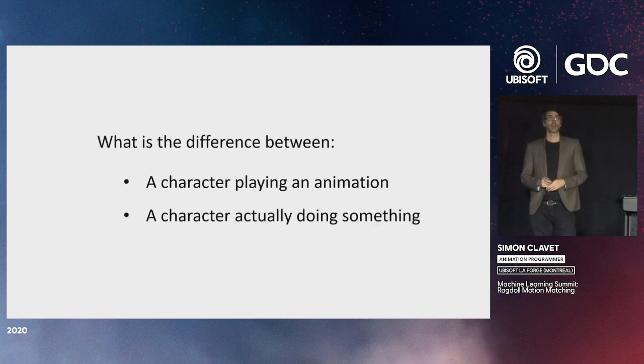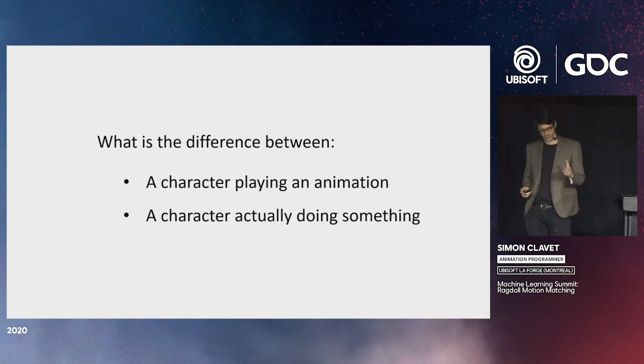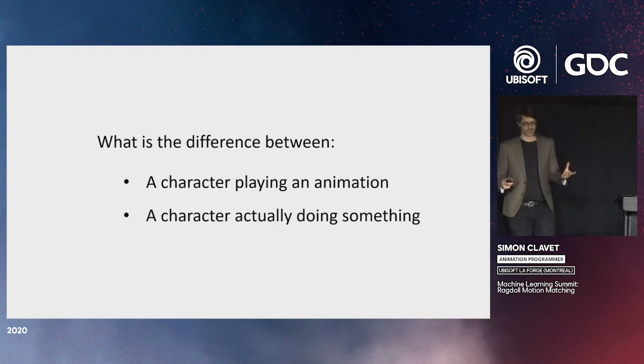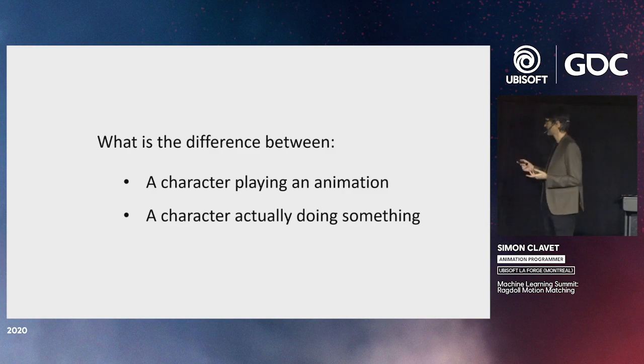So let's start with this question, just to give the why. Why would we do that? I want to start with this weird question: what's the difference between a character playing an animation and a character actually doing something in his virtual world? That's a weird question, but look at this guy there.